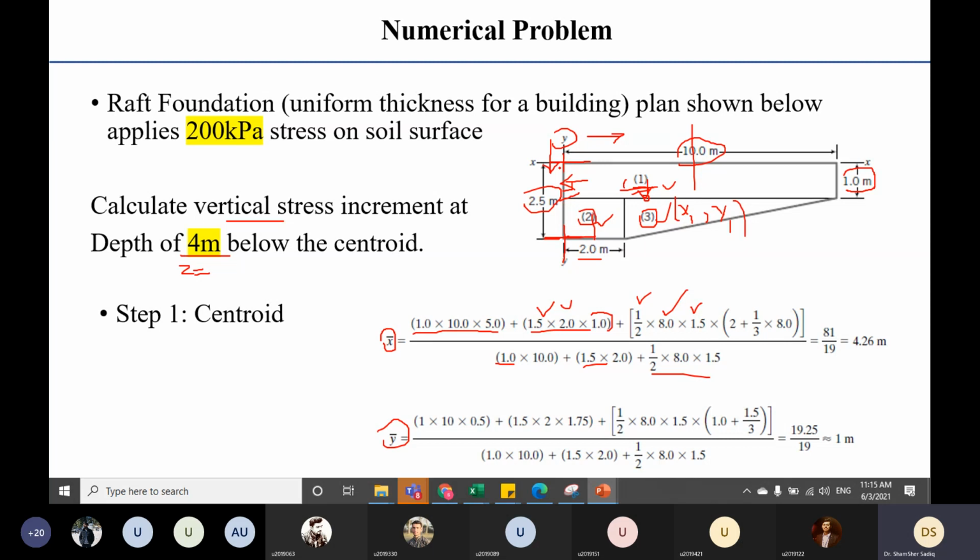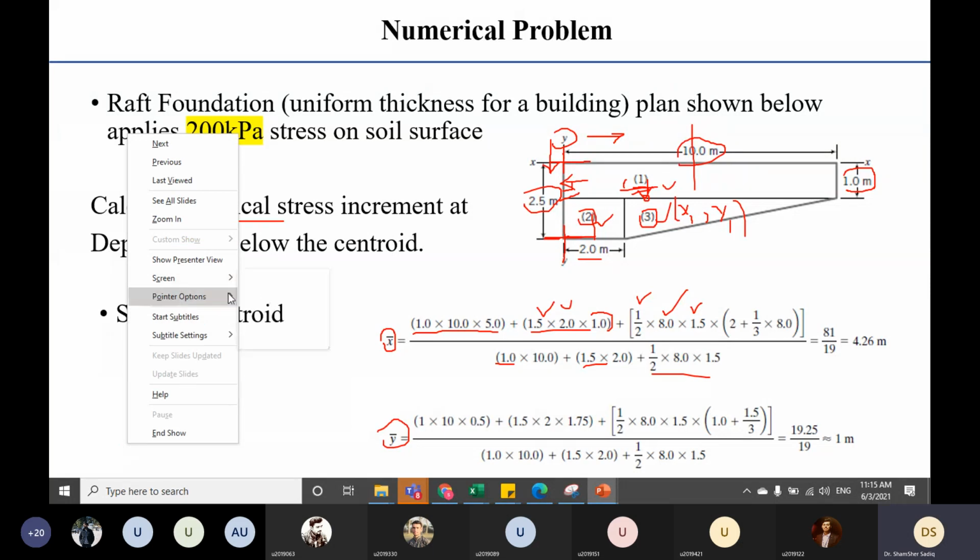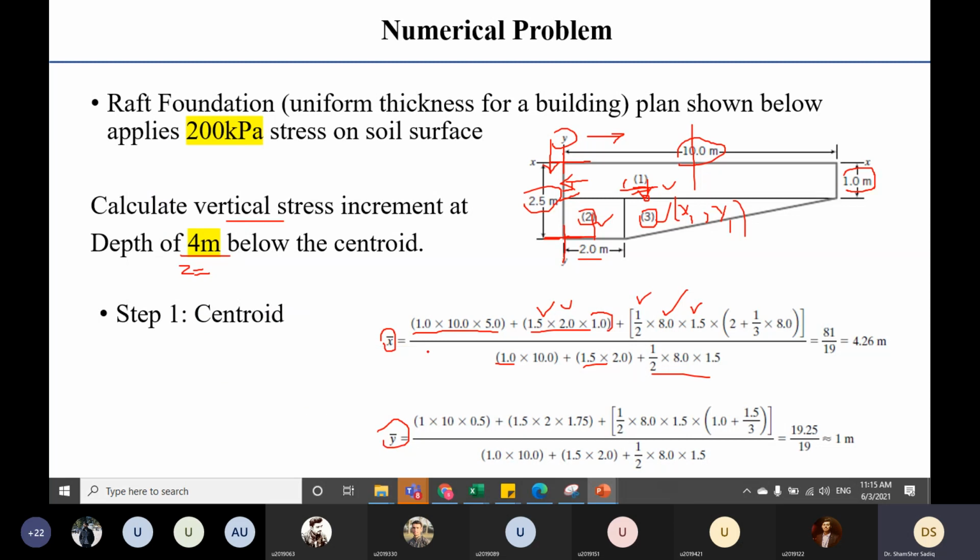Now someone may ask, first what you have to do, first you have to assume the centroid. So the centroid is here. Let me change the color of the pointer. So the centroid is here, where you are taking it. So area 1 is 10 into 1 and about the y-axis it will be 1 by 2.5.